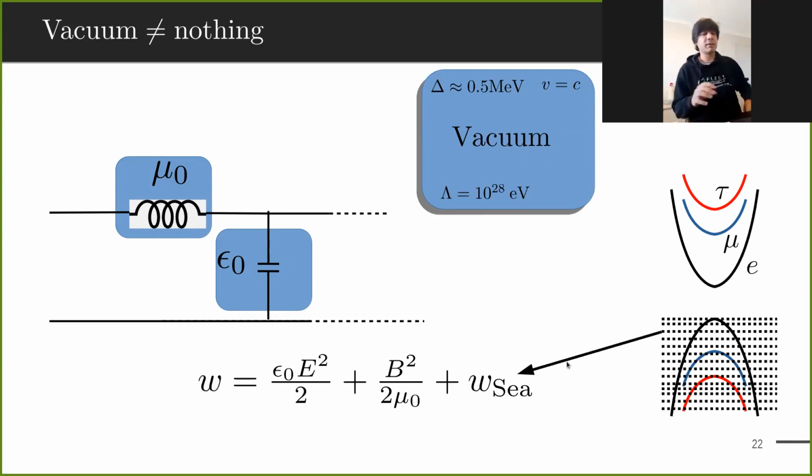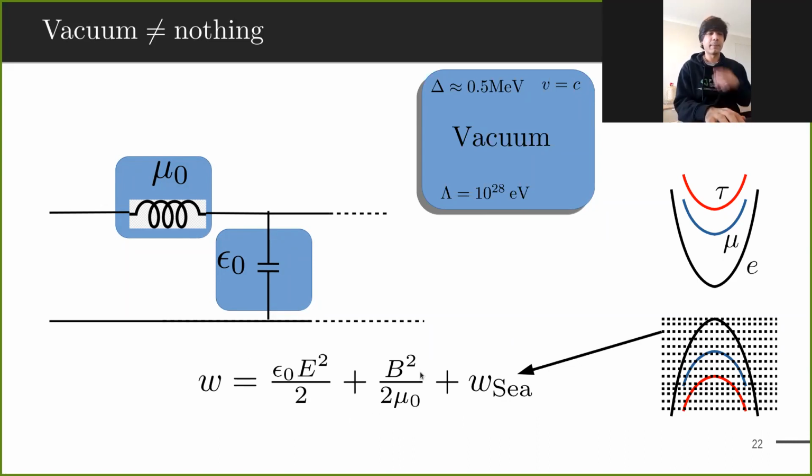Well, you will argue that, okay, it might be a very large number, but I don't care because it's there. I don't measure the differences when I change electric and magnetic fields. So you can argue that we can just throw this out and write this as the energy density of electromagnetic fields.